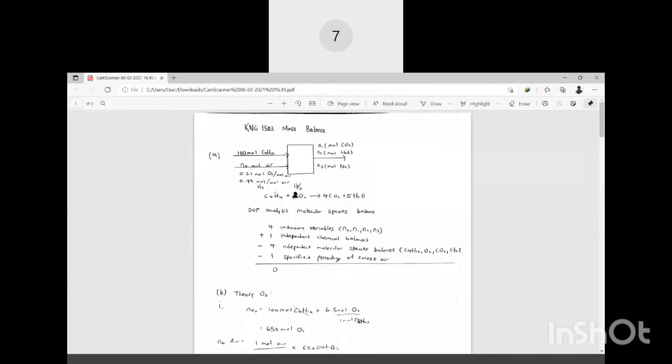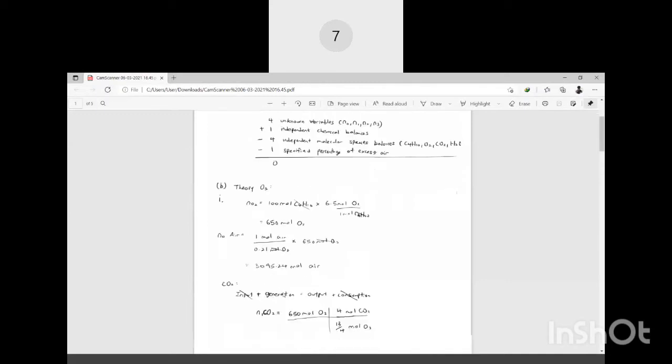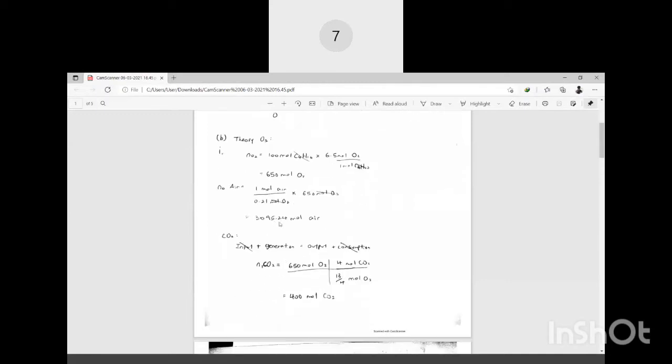So we can just ratio it out, and find the mole of oxygen. Here is the same thing, we can find the mole of air theoretically. 1 mole of air, we know has 0.21 fraction of O2 in excess air. You can just multiply it by 650 mole. So we get 3095.4 mole of air.